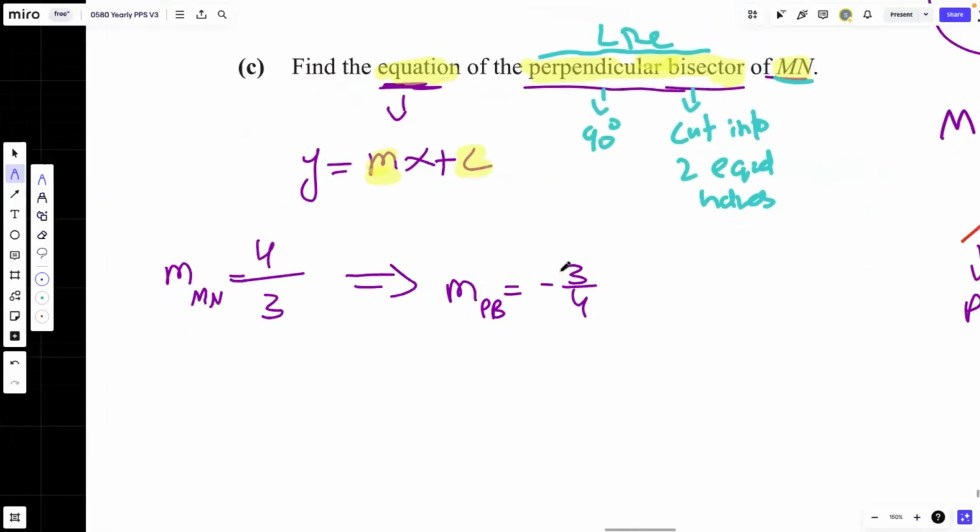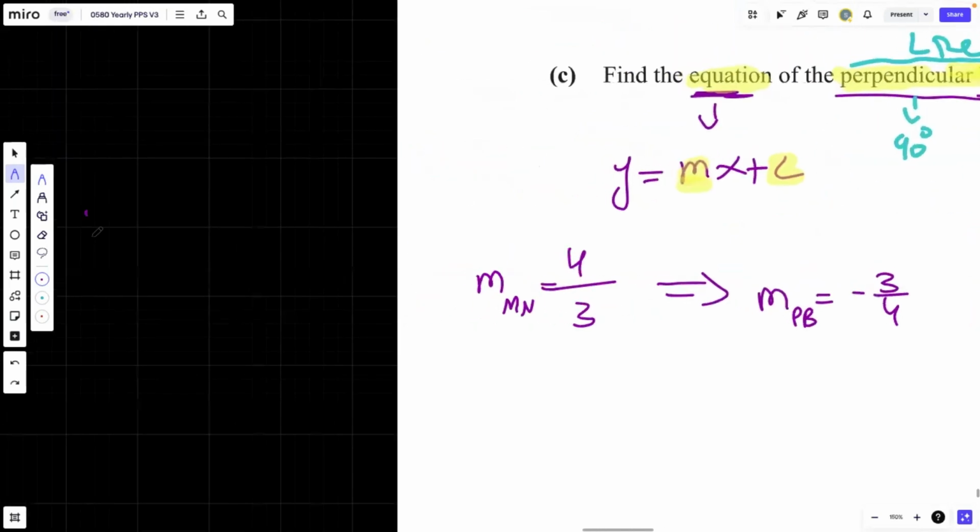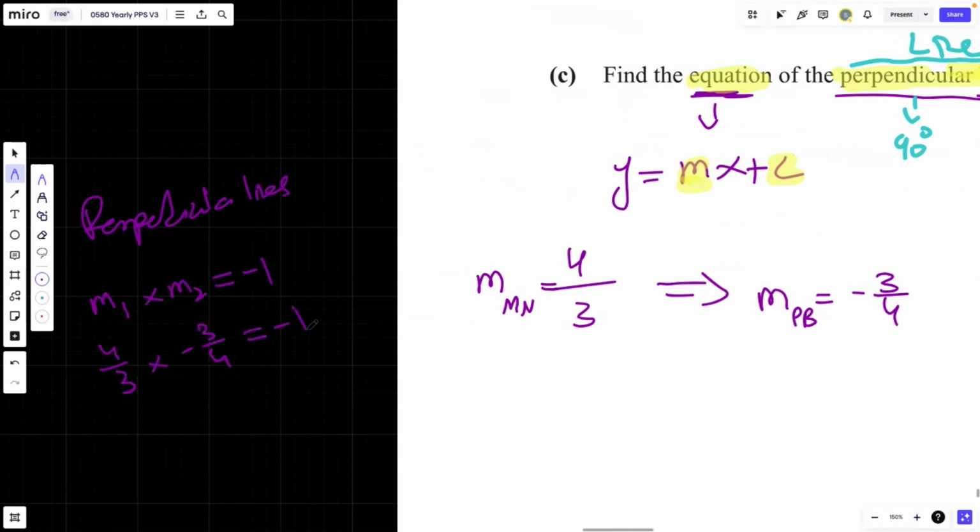Now there are multiple ways to understand how we got this -3 over 4. For perpendicular lines, m1 times m2 is equal to -1. So if you do 4 over 3 times -3 over 4, you should get -1. You can check.